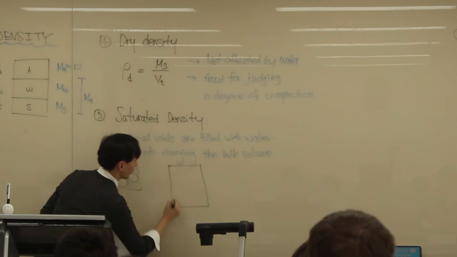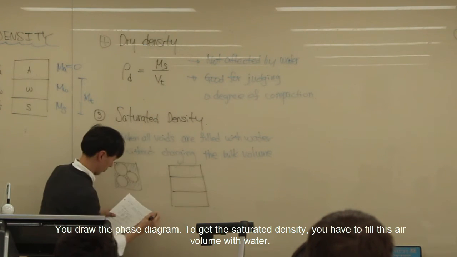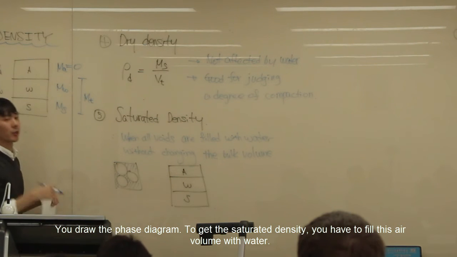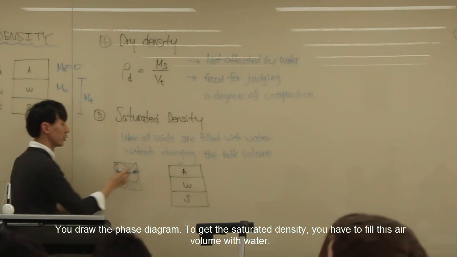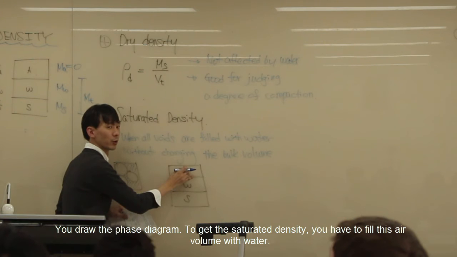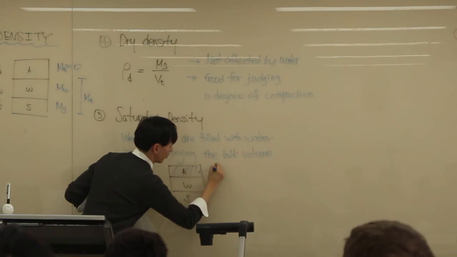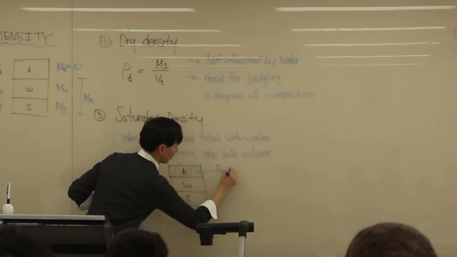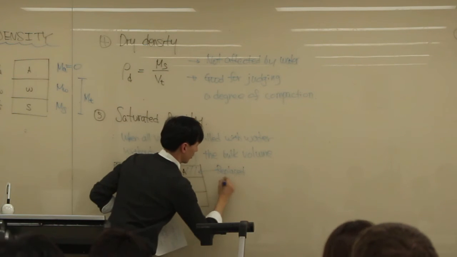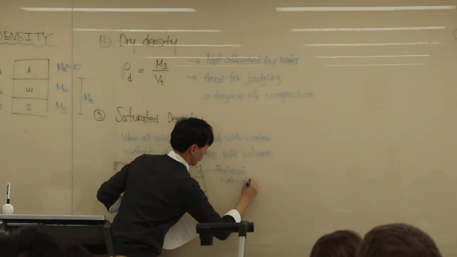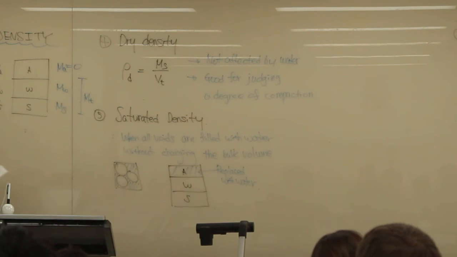Then you draw the phase diagram. Water replaces the air. And to get the saturated density, you have to fill this air void with water. Okay. So all the voids are filled with water.